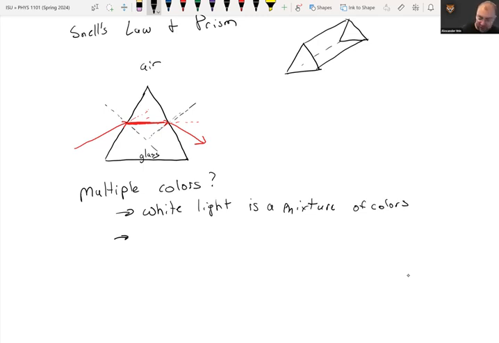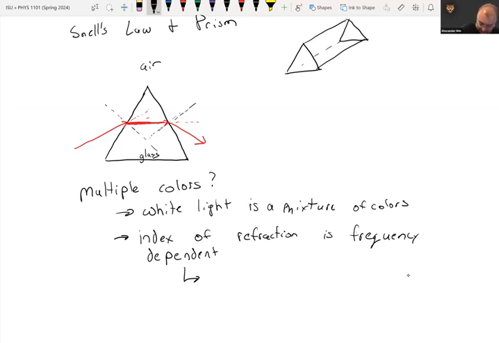Now, another interesting thing is that index of refraction is frequency dependent. Now, what does that mean? Well, it means that different frequencies of light experience different indices of refraction in different media.